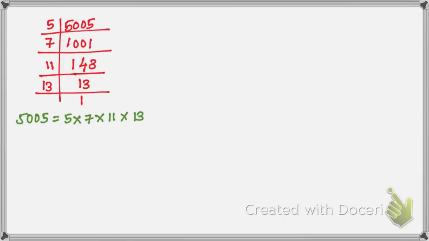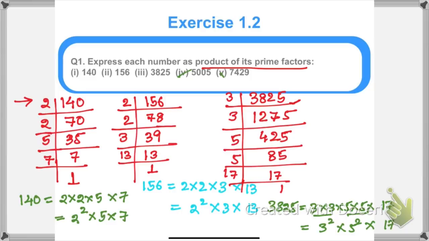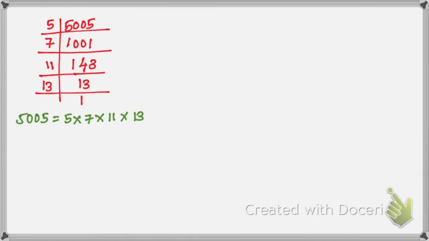Okay. Now the next question is 7429. Okay, so 7, 4, 2, 9. This is an odd number, so it won't be divisible by 2. So dividing it by 17, dividing 7429 by 17, you would get 437.